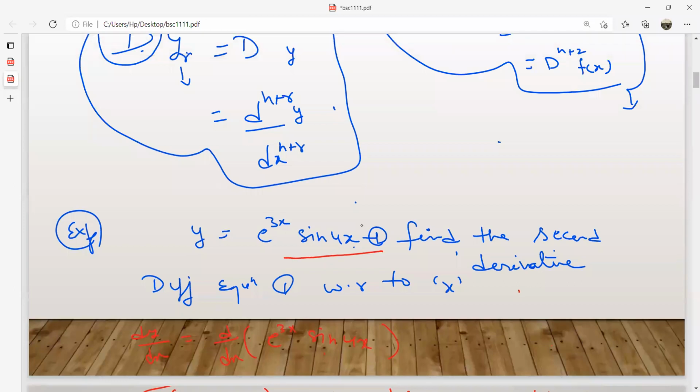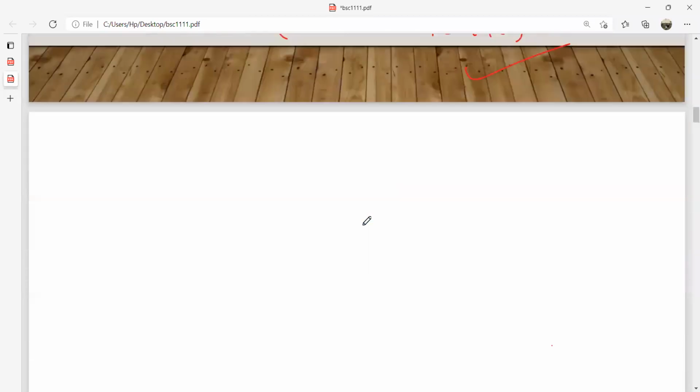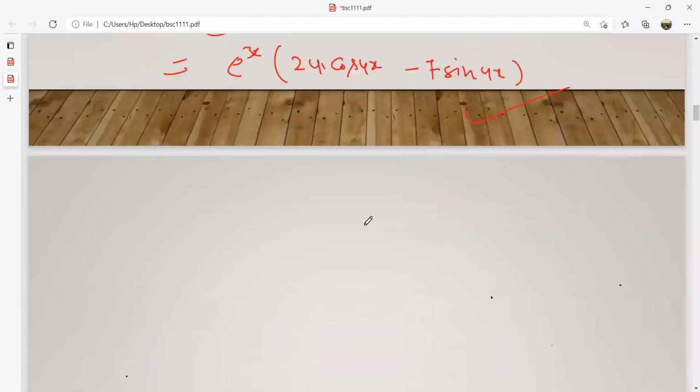So in the question it was mentioned to find the second derivative of the given function, and this is your answer. In a similar process we use standard rules which directly give you the solution of the given function.